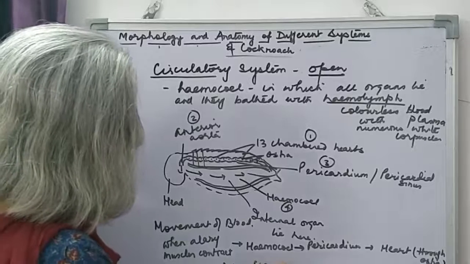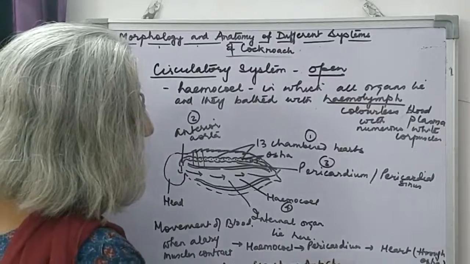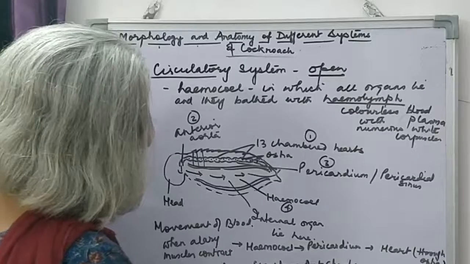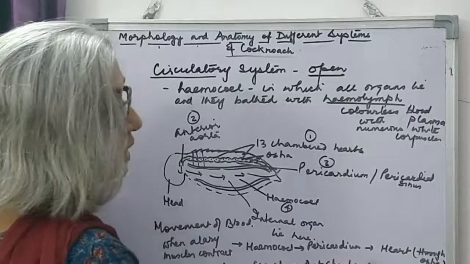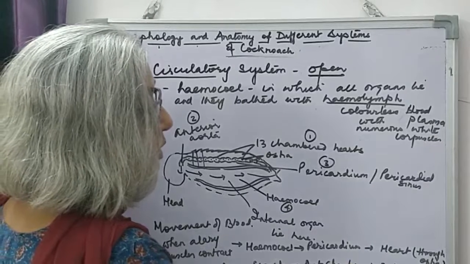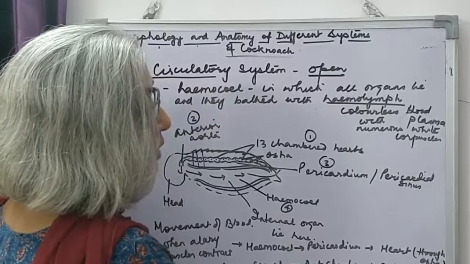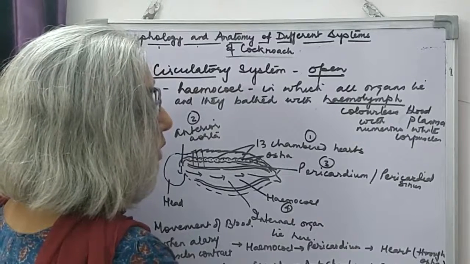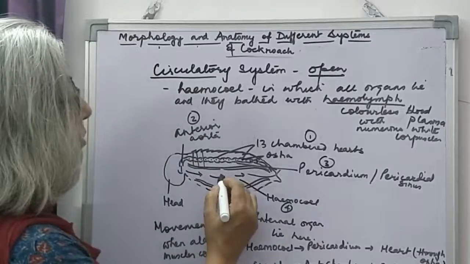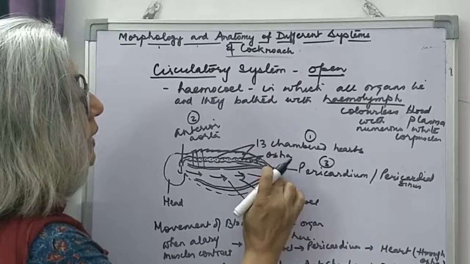blood moves from the posterior chambers of the heart towards the anterior chamber, into the anterior aorta, and from the anterior aorta into the hemocoel. I have shown by means of arrows the movement of blood like this.